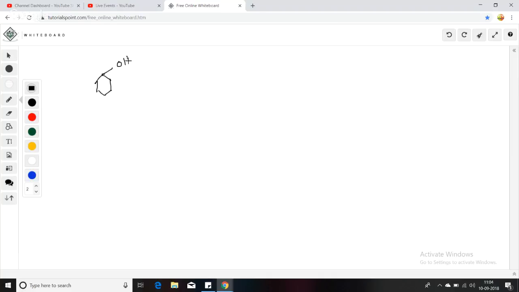We have OH here and CH3, with concentrated acid. Remember, this is a tertiary alcohol. Let me write the mechanism of this first.